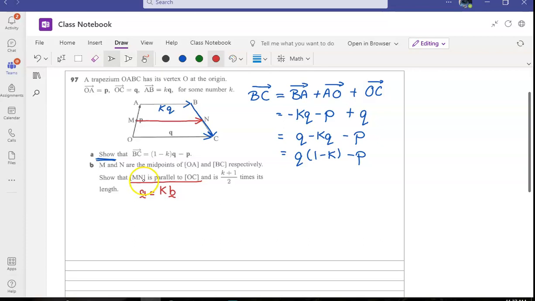So basically you're going to find MN and you're going to hope that it is (K plus 1) over 2 times its length. Does that make sense? But again, you don't write an essay or anything. Anyway, away we go. So how are we going to get MN? Like Mac said.